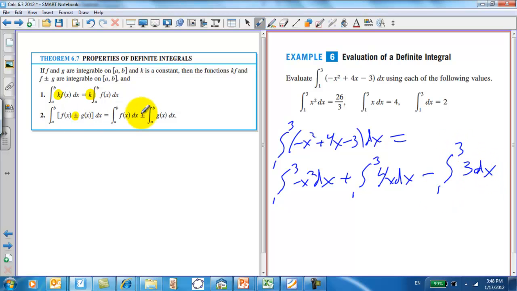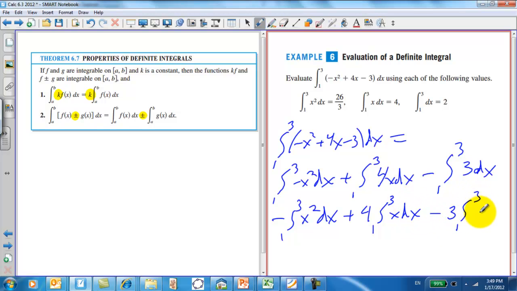So that's this concept that you can distribute the integral over addition and subtraction. Now, we can also take out these constant multipliers. This negative inside the integral can come outside, so it's the opposite of the integral from 1 to 3 of x squared dx, plus 4 times the integral from 1 to 3 of x dx, minus 3 times the integral from 1 to 3 of dx.